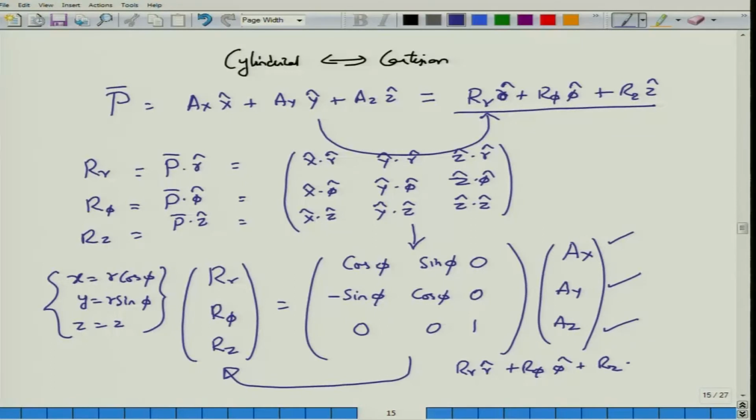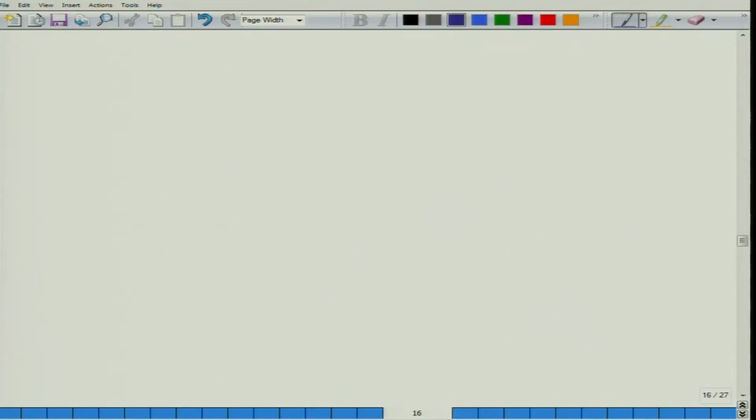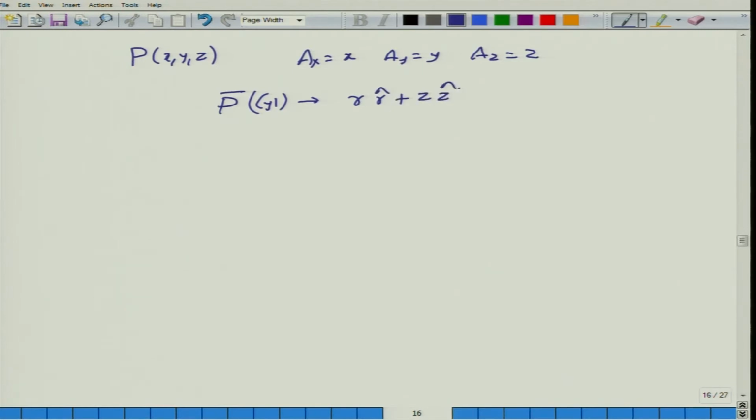You can actually try this example with the position vector itself, that is, if I consider the position vector x, y, z, meaning ax equal to x, ay equal to y and az equal to z, you will see that the same vector p in the cylindrical coordinate system will be described by r r hat plus z z hat. Again, there won't be any phi in the expression.